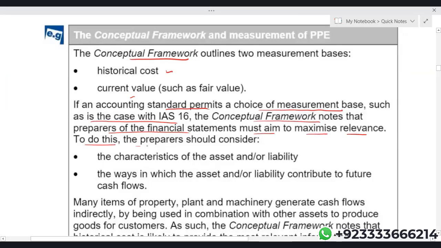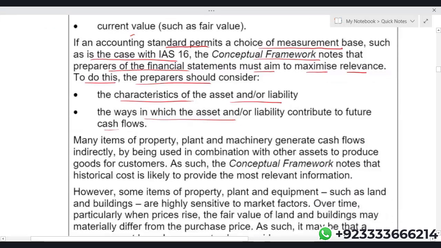To do this, the preparer should consider the characteristics of the asset or liability and the ways in which the asset or liability contributes to cash flows. Now look at this. Many items of property, plant and equipment generate cash flows indirectly by being used in combination with other assets to produce goods for customers. As such, the conceptual framework notes that historical cost is likely to provide the most relevant information.